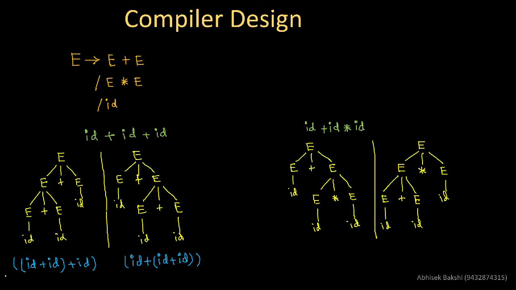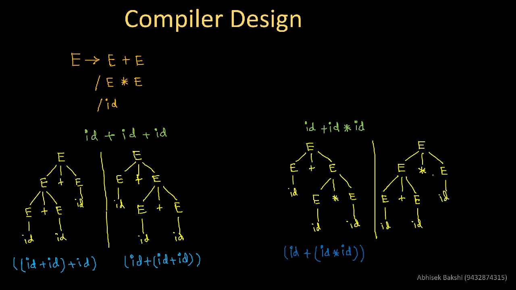So the operator that will act first is obviously star. So basically id plus id star id will look exactly like id star id, and that will be added with another third id identifier, something like this.